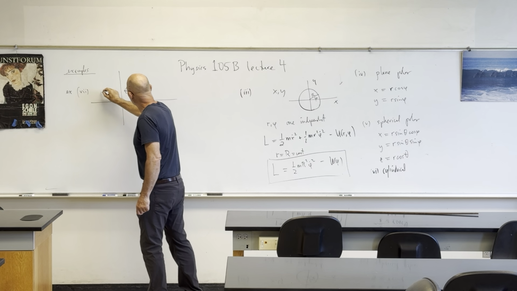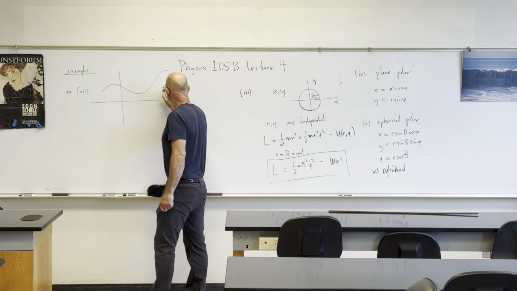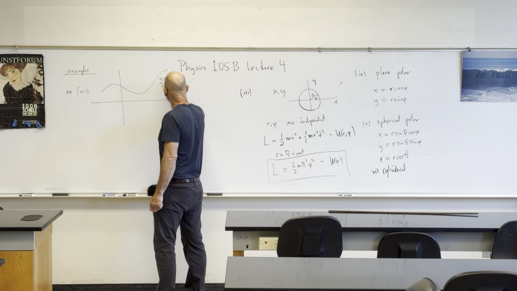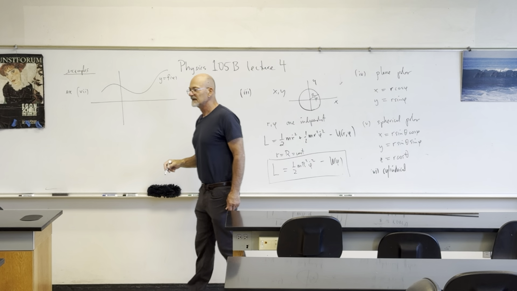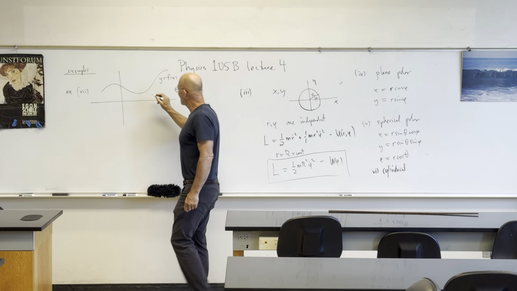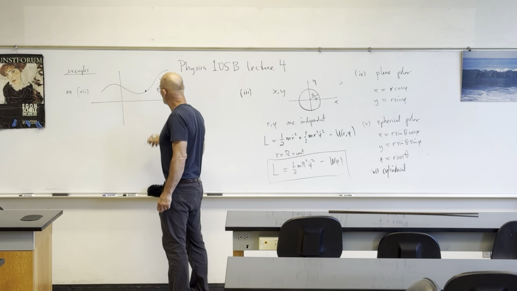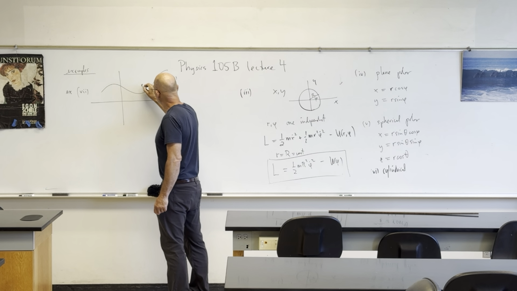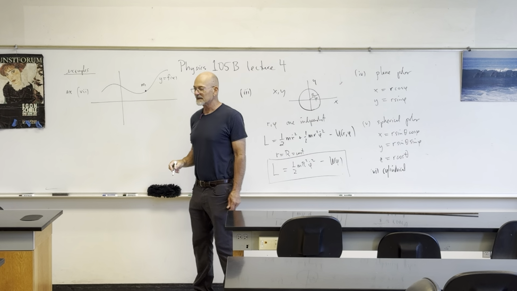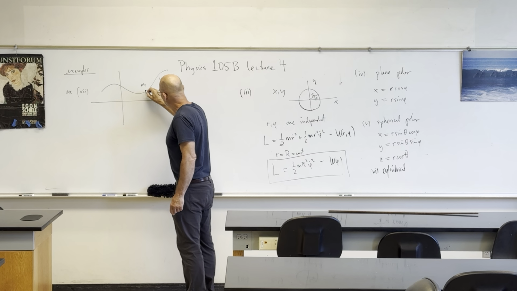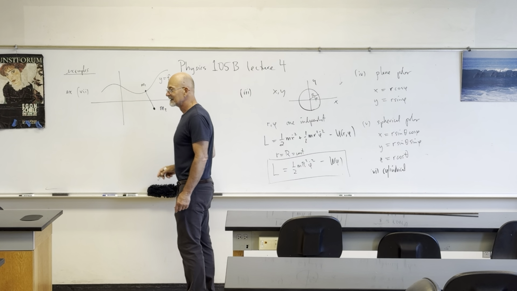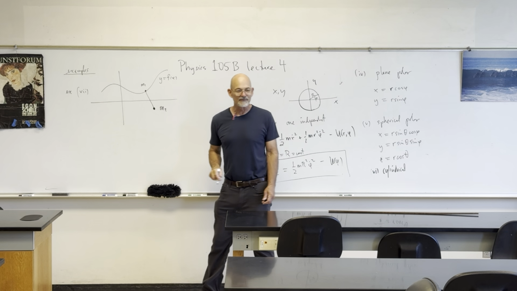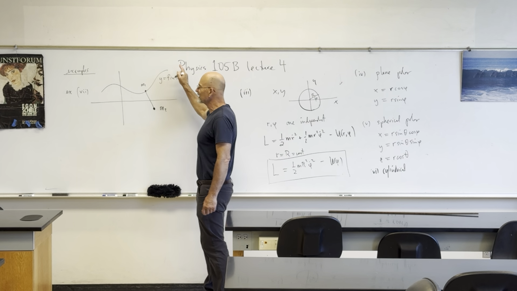So suppose you have a track, and it's just a y equals f of x track. And you have a bead that can slide along it, but that bead is connected with a rigid rod to a second bead, and we're going to track the mechanics of this thing as it swings along here.